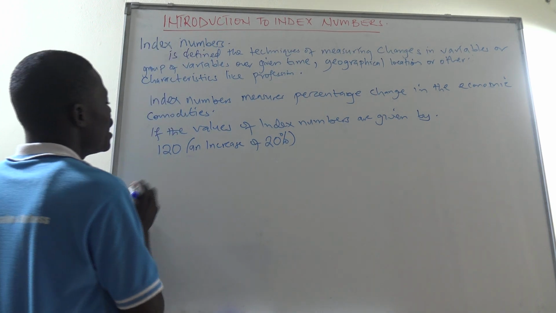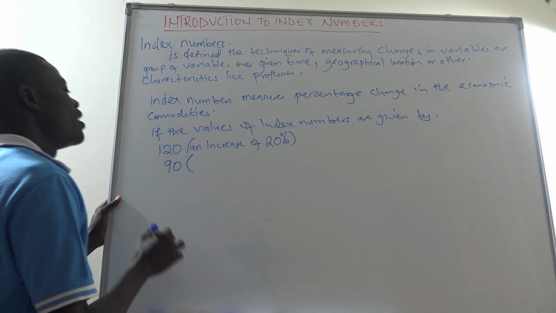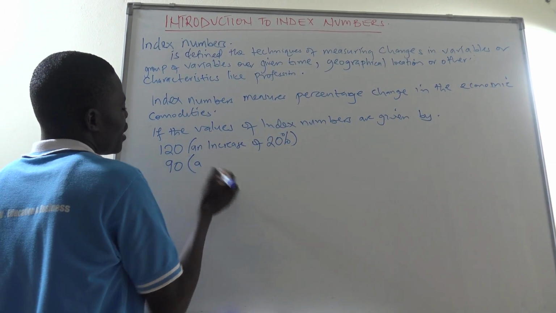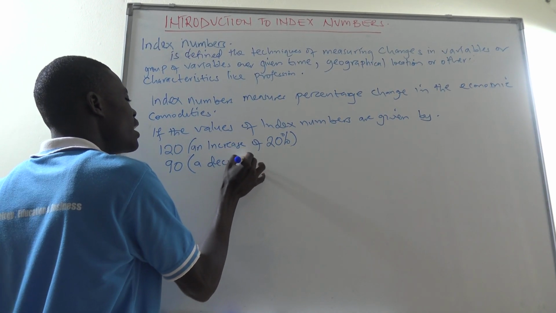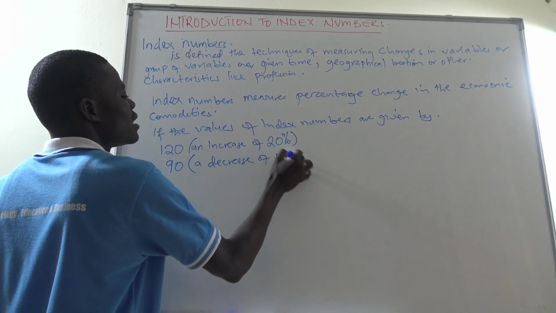And then if you get a value of index number as 90, this means there has been a decrease in the value of that index number by 10%.